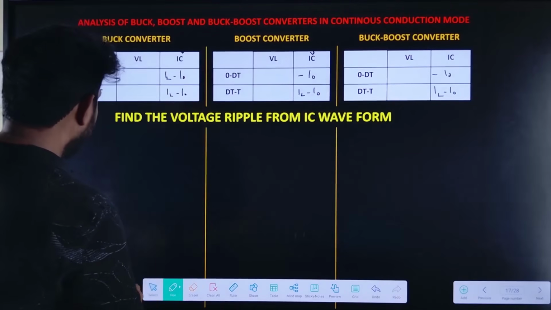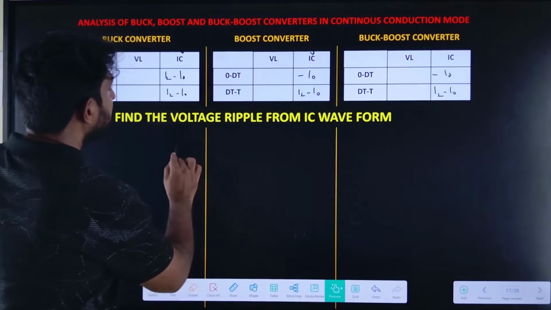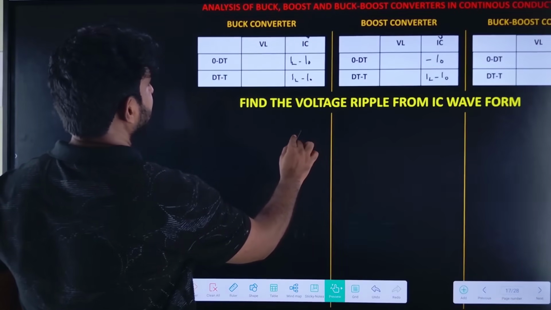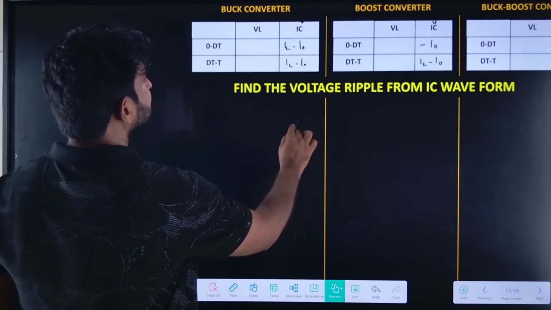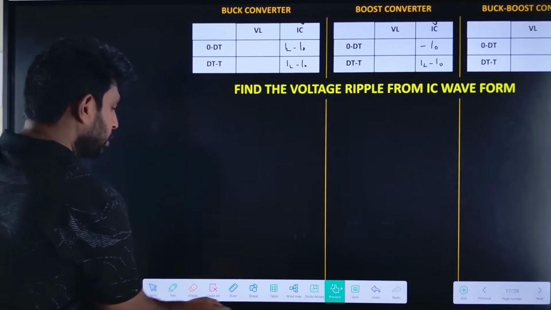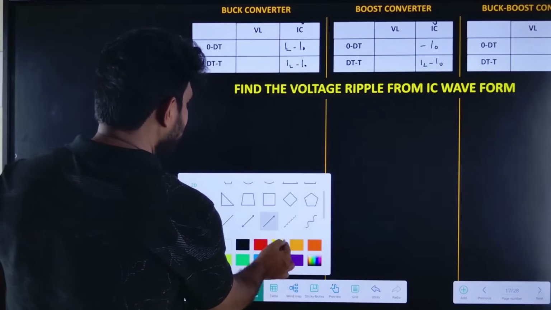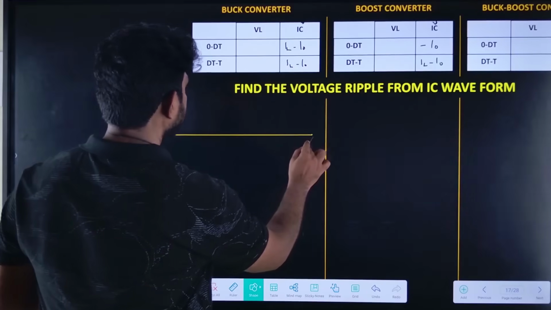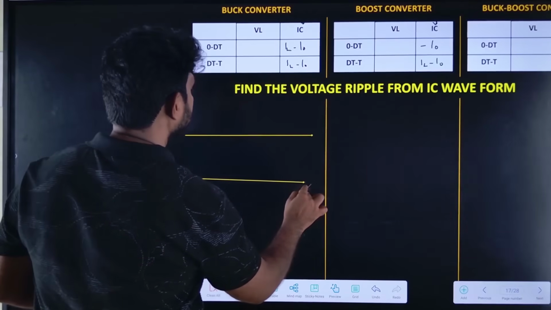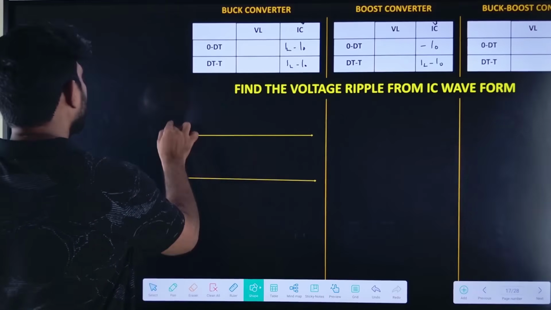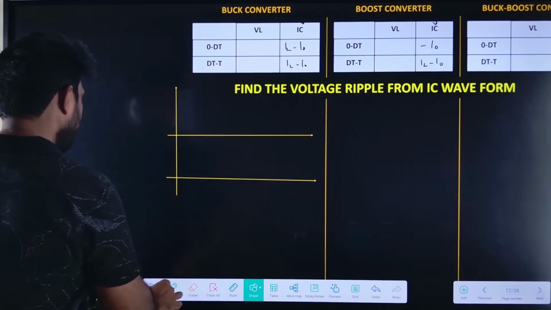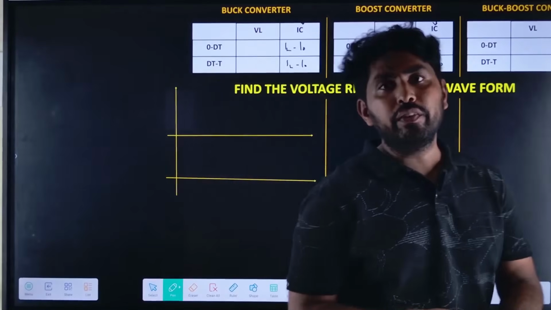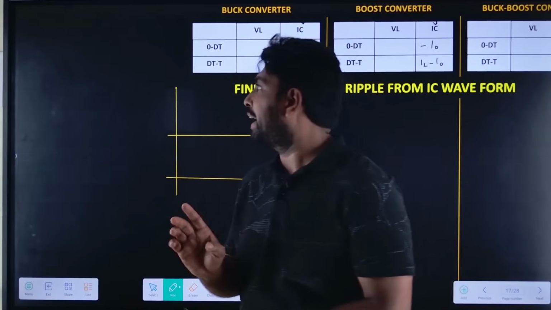Now let us draw the IC waveform for the buck converter. How can we draw it? What is IC here? IC equal to IL minus I0. Already we know how to draw the IL waveform.